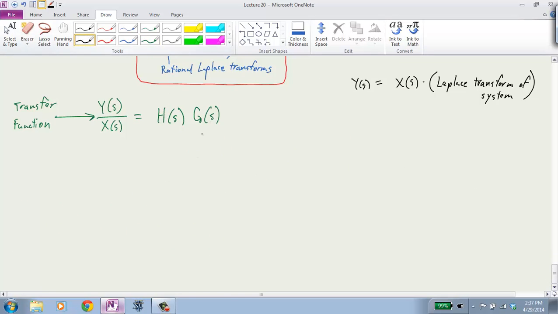So what can we say about the poles and zeros of the product? Yes, exactly. You combine poles and zeros.